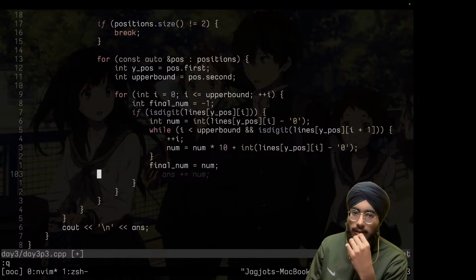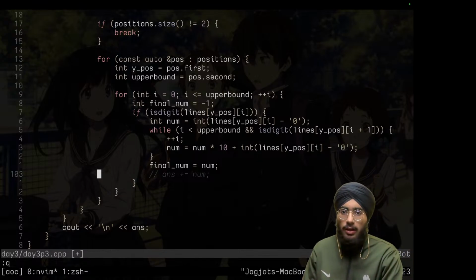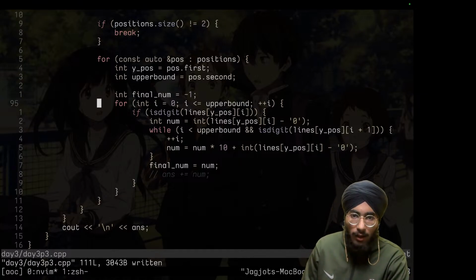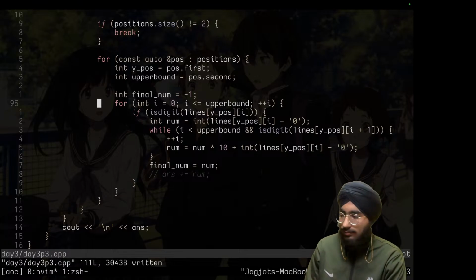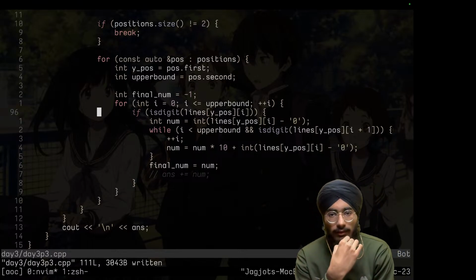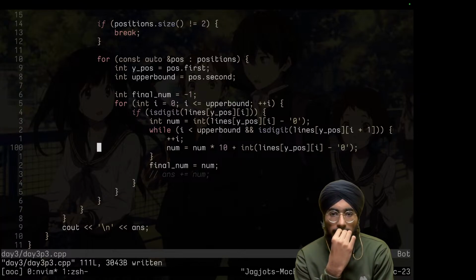Okay, if it is digit and final num is -1 and final num we need to define that outside the for loop and yeah, calculate it.